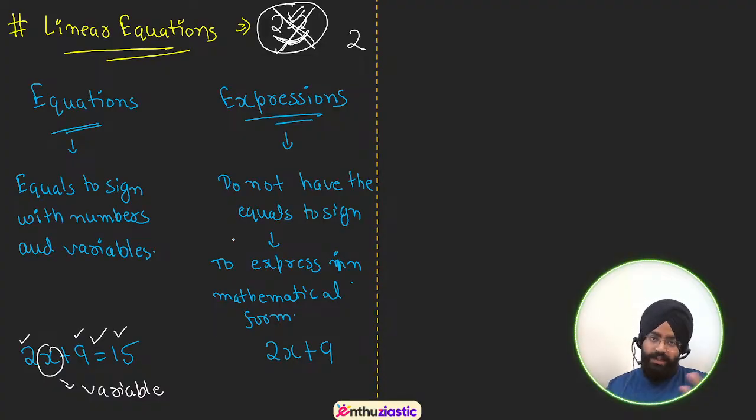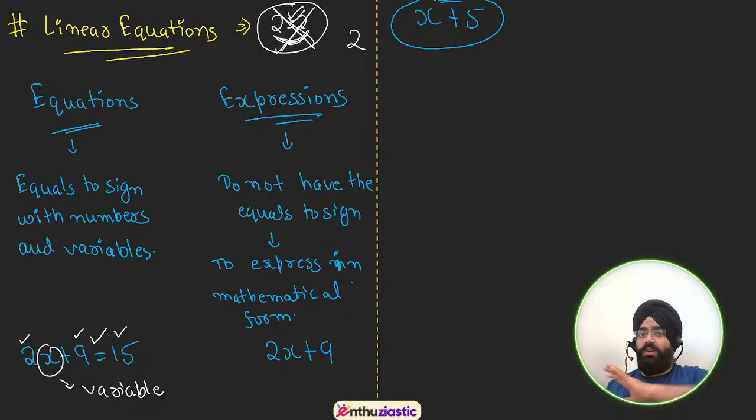Let me give you an example here. Suppose that you have some apples with you and I gave you five more apples. That is an expression. You have some apples, you don't know how many, so it can be x plus 5. The statement is not telling you how many total apples you have now, after I gave you five more apples.